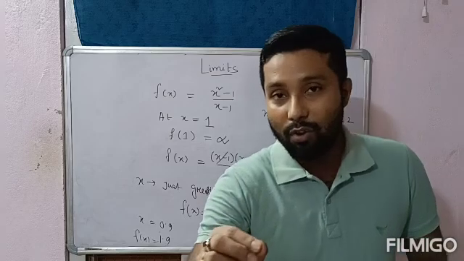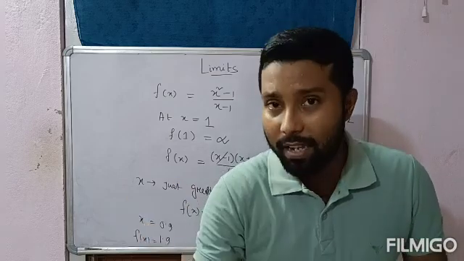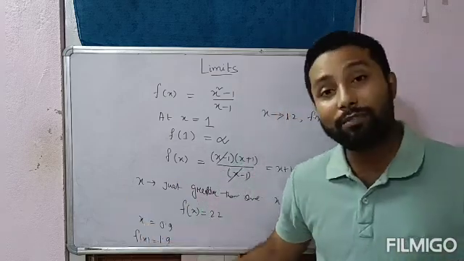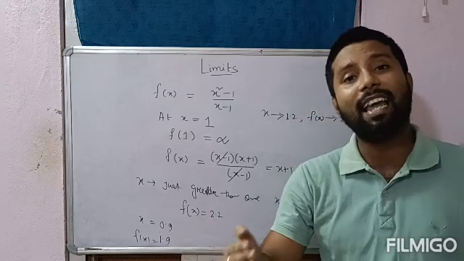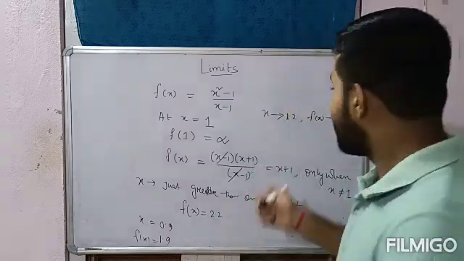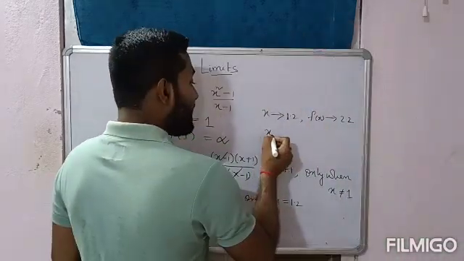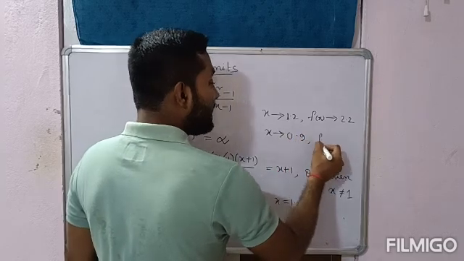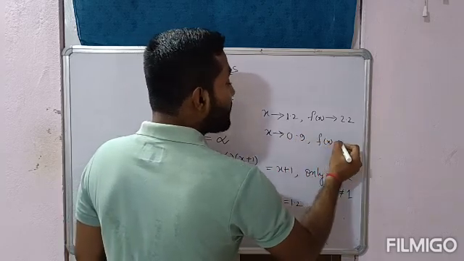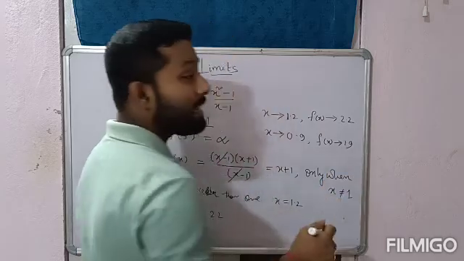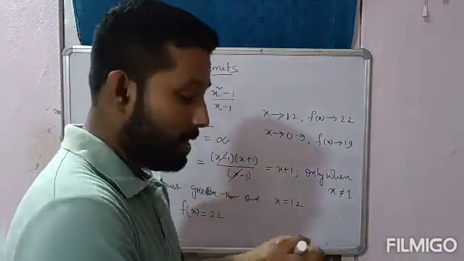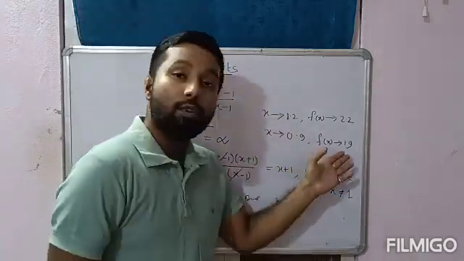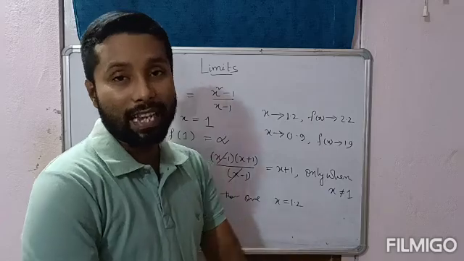If we take a value of x slightly less than 1, then the value of f of x will be slightly less than 2. Okay. So it can be represented as: if x approaches 0.9, then f of x approaches 1.9, that is slightly less than 2. Okay. Now you may ask how it became 1.9 here?